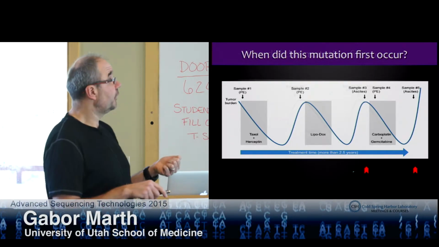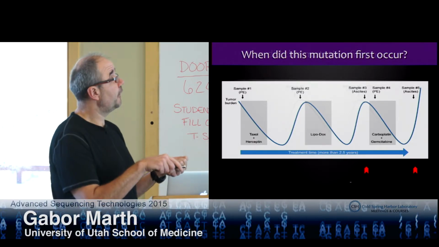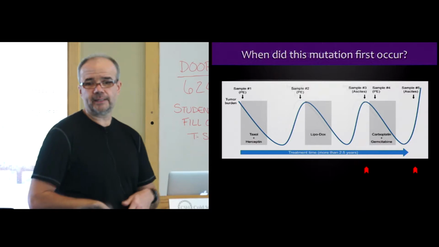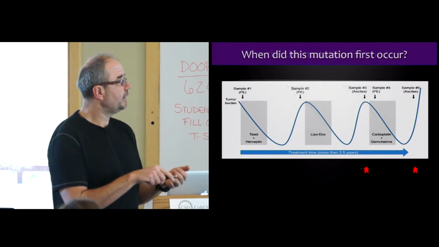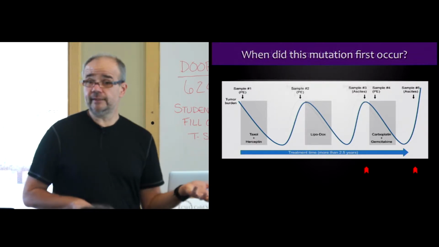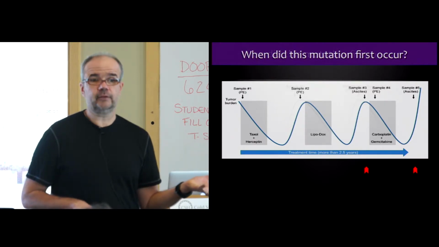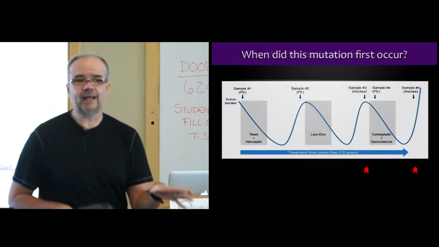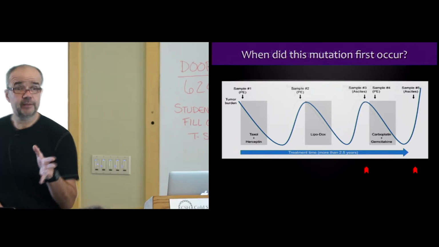Also, if you applied some chemotherapy and you don't see this variant here, has it really disappeared, or has it just become very low frequency? Have I been able to really eradicate it or just took it down to a lower frequency? Make sense?